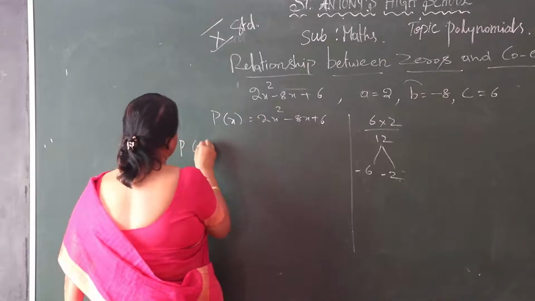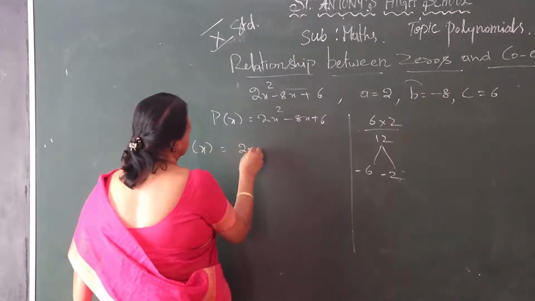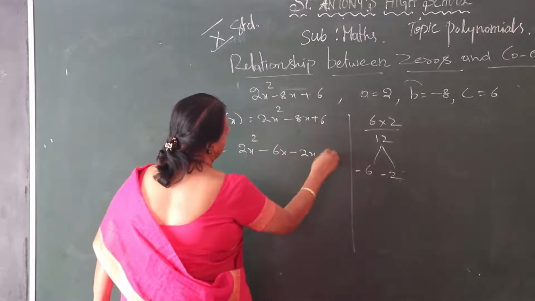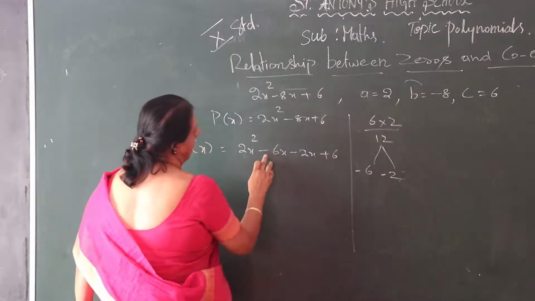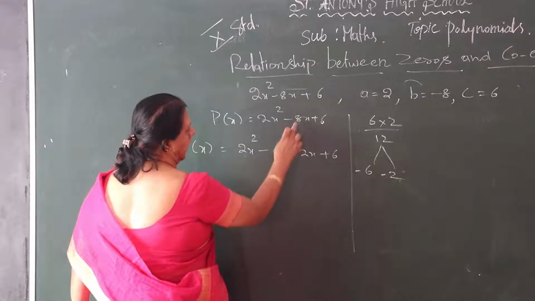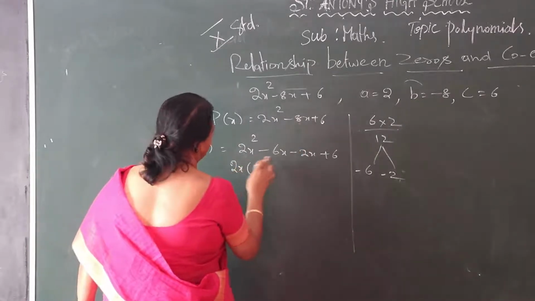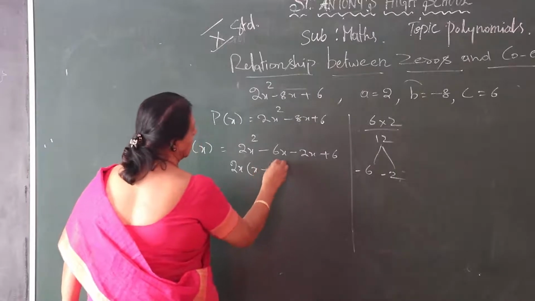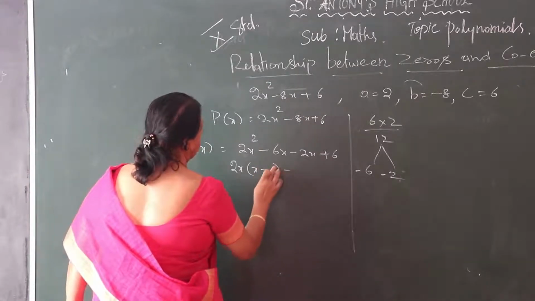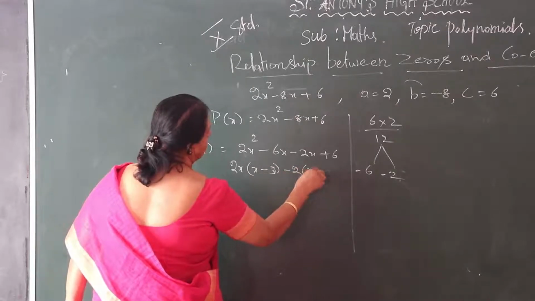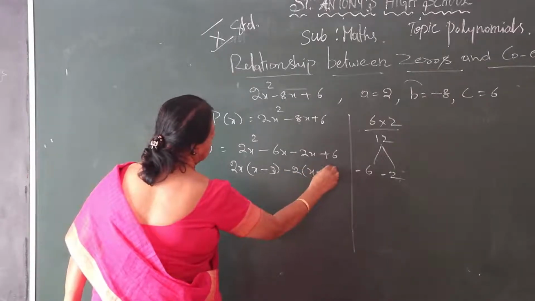Here P of x is equal to 2x square minus 6x minus 2x plus 6. So see here, minus 6x minus 2x is minus 8x. Taking common factors, 2x is equal to x minus 6 minus x minus 3 minus 2 is equal to, so x minus 2 into x minus 3.